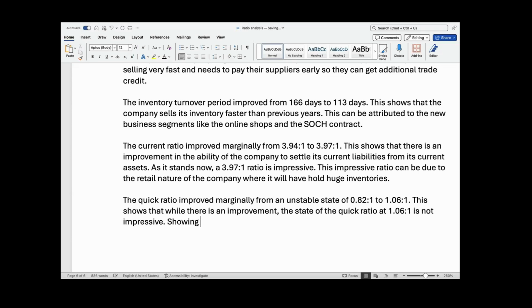Showing that the company does not have available liquid funds to settle its current liabilities.